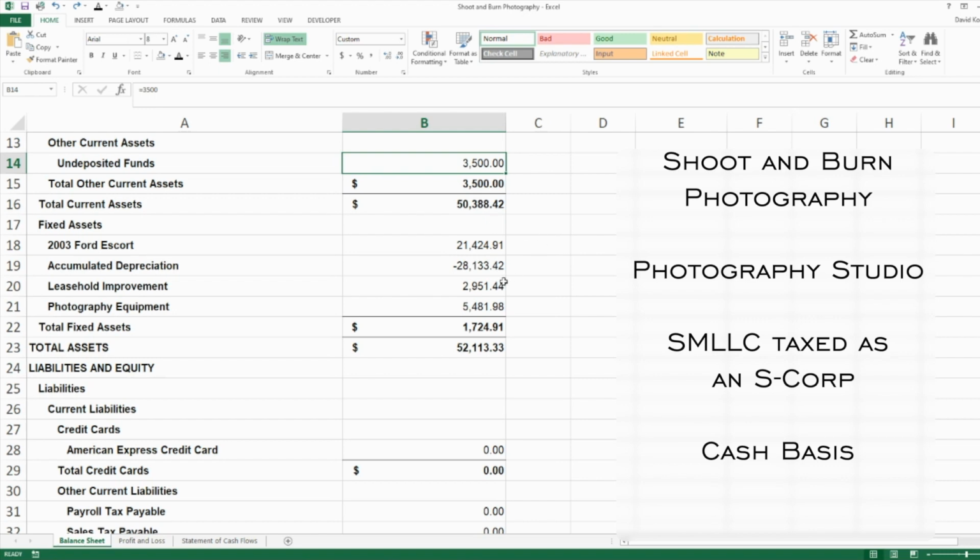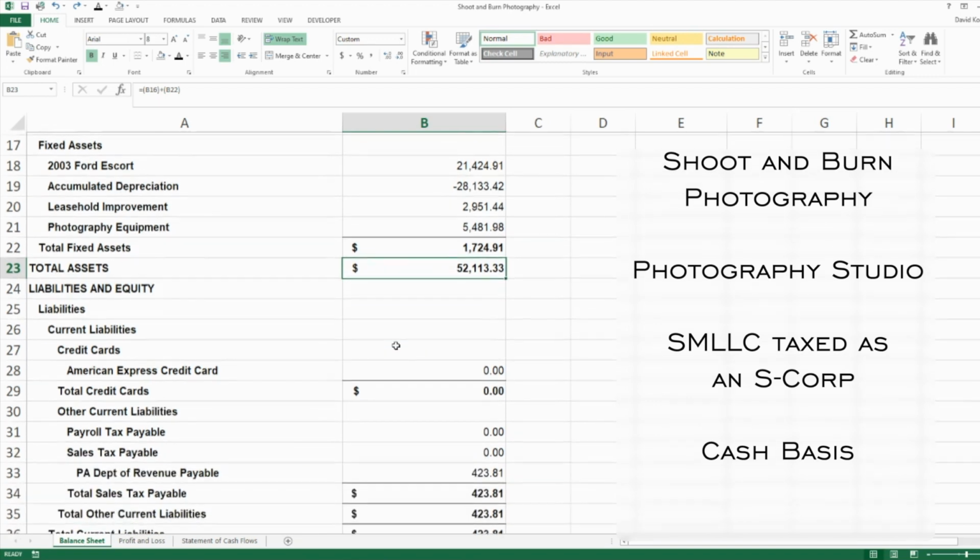So these items were purchased and money was put out from the business owner. However, the full expense hasn't been recognized yet. So we still have $1,724 of depreciation expense to take in a future year. So that's an expense for something that we paid for a while ago, but haven't yet got the full benefit of in terms of tax deductions. And that's it. This is your total assets, $52,113.